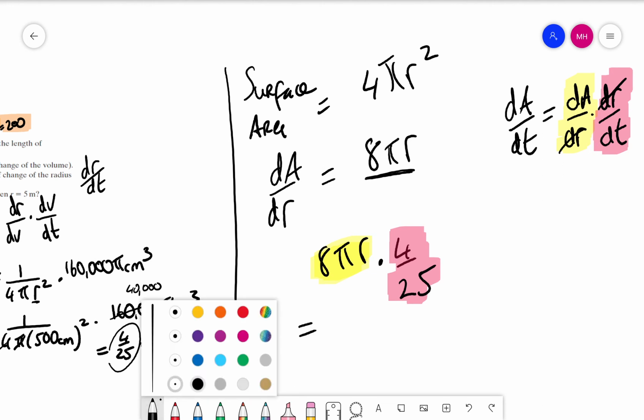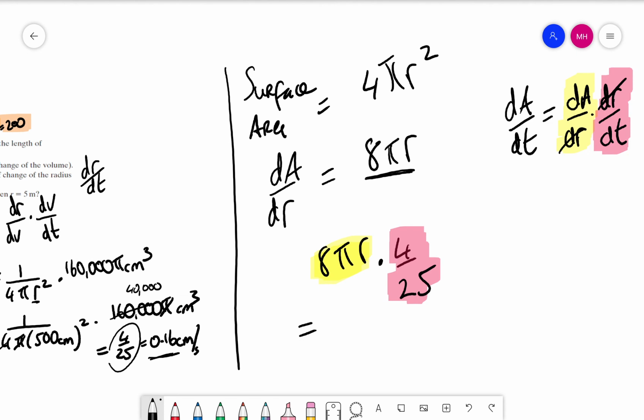We end up getting 32 pi over 25. Sorry, we have to substitute in for r as well. So this is when the radius is 5 meters. So you multiply 32 pi over 25 by, we'll go for centimeters since the rest of the question has been in centimeters, 500.